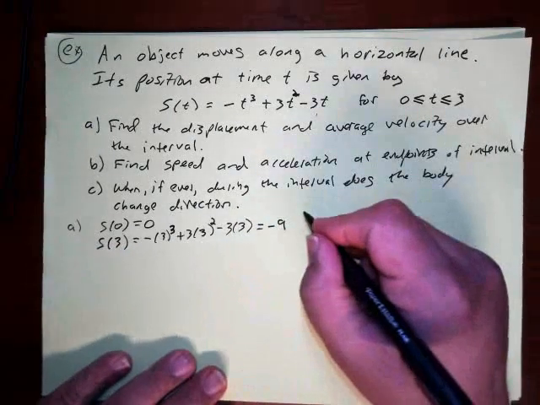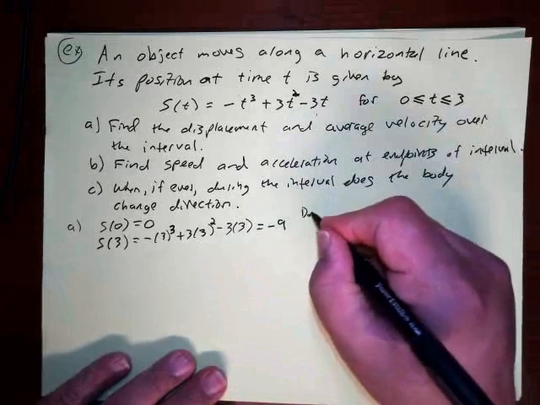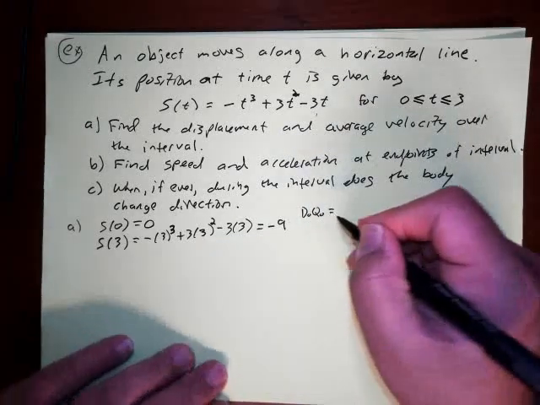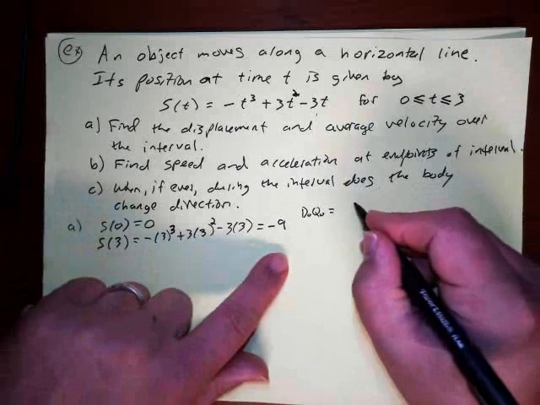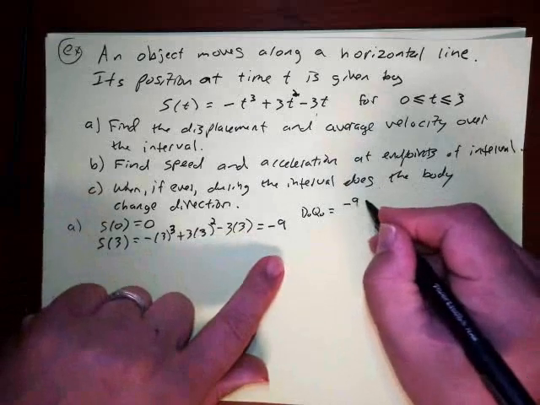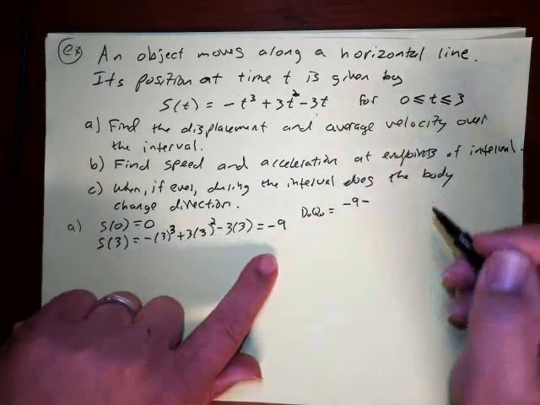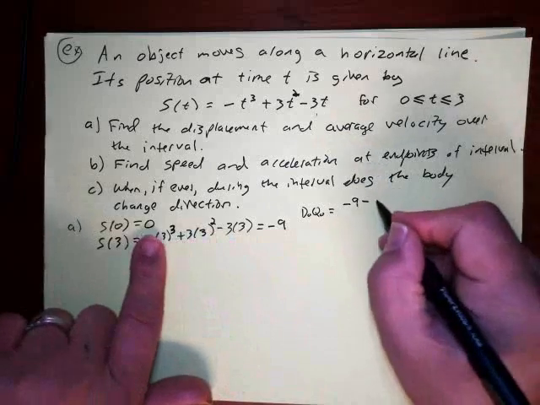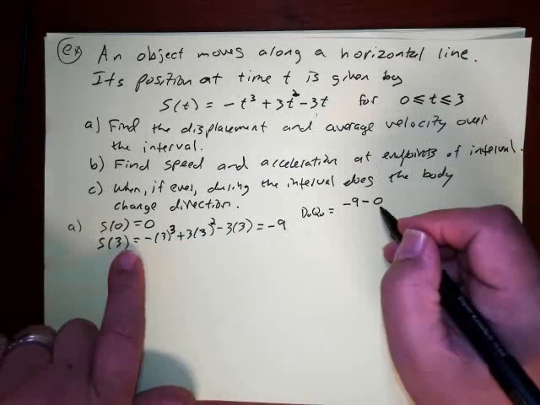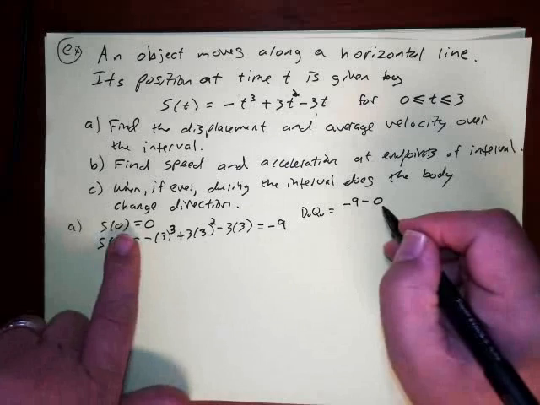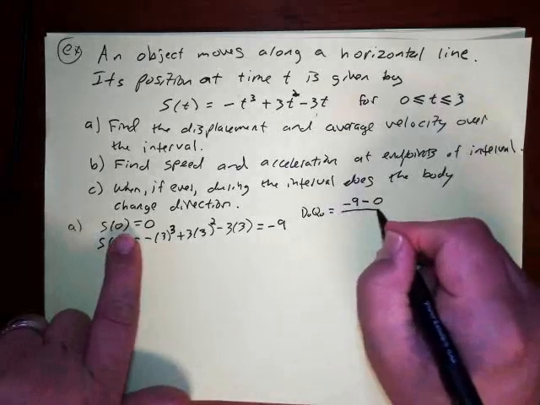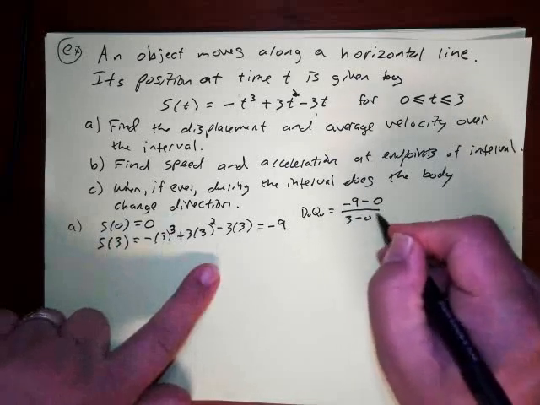So the average rate of change, that's just the difference quotient over the interval. So we'll do negative 9 minus 0, that's s at 3 and s at 0, over 3 minus 0.